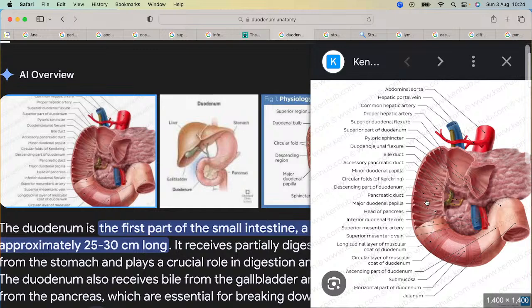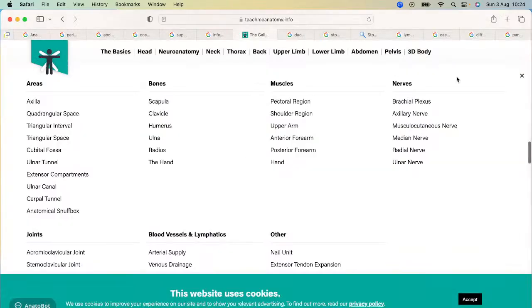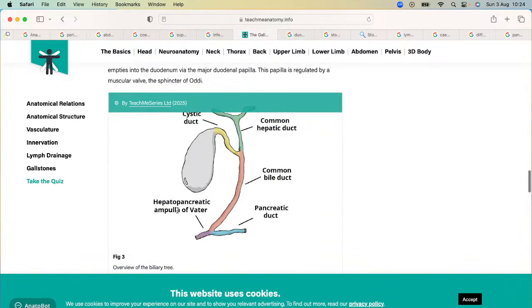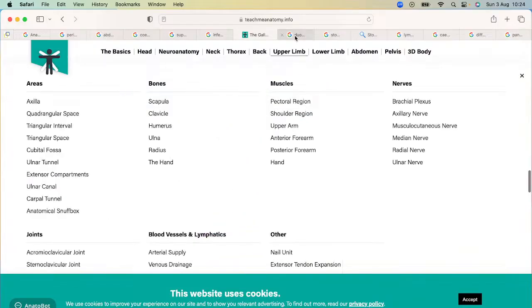Within the descending part, there are two important structures to remember. One is the major duodenal papilla of Vater, which we saw just here when we were talking about the gallbladder, the hepatopancreatic ampulla of Vater.